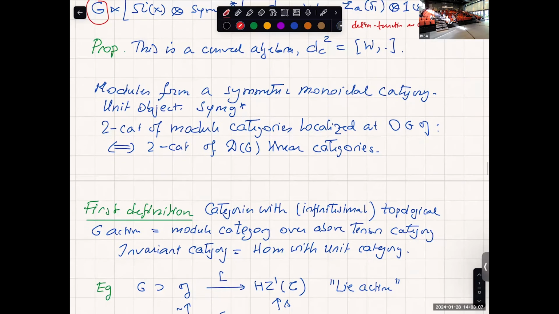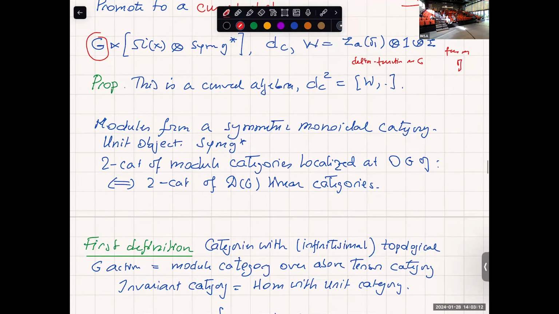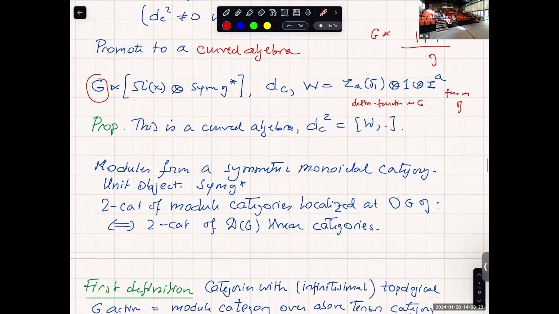And the two-category of module categories localized at the 0 point is equivalent to the representation theoretic, trivialized, infinitesimally trivialized G action.